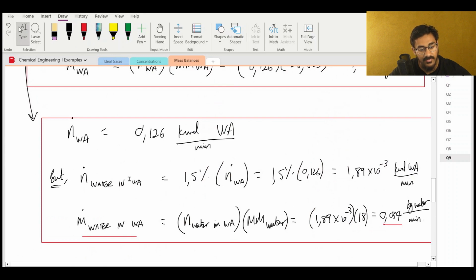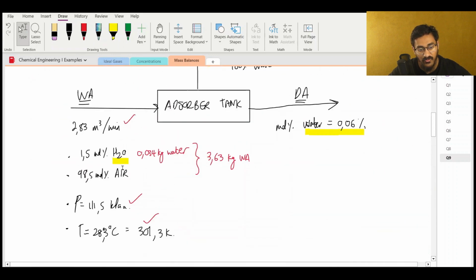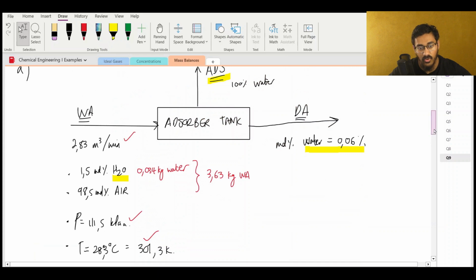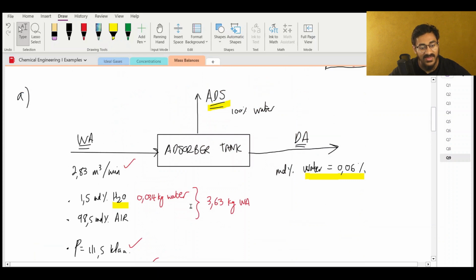Let's see. Okay, I hope you're following me. There's a lot of words going around. Okay, so remember I said to you that I can tell you how many moles of air I have in this stream, right? In the wet air stream. All of the air in the wet air stream must exit out of the dry air stream.